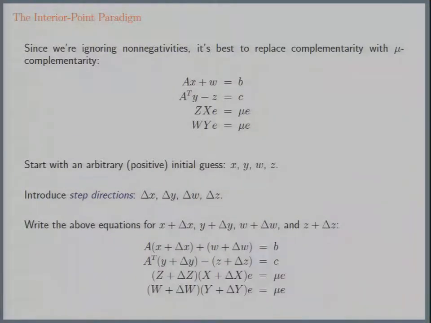And in the algorithm, we're going to let mu go to 0 as we iterate to get closer and closer to solving what we really want to solve. And so this is called mu-complementarity. It's a relaxation of complementarity. And if we plot the equation like that, for some value of mu, it's a hyperbola.